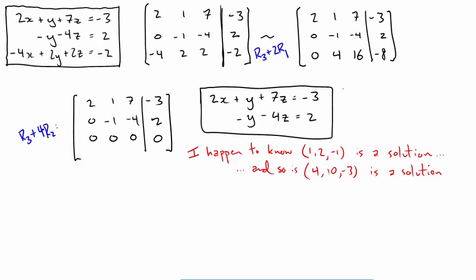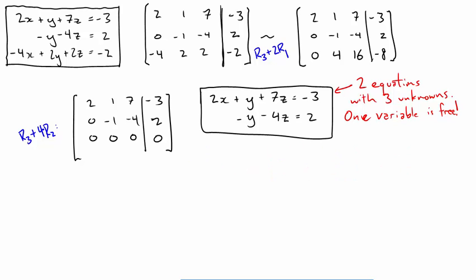What's happening here? Why is there more than one possibility? Because we have two equations with three unknowns. One of the unknowns, or one variable, is what we call free. Which one is free?